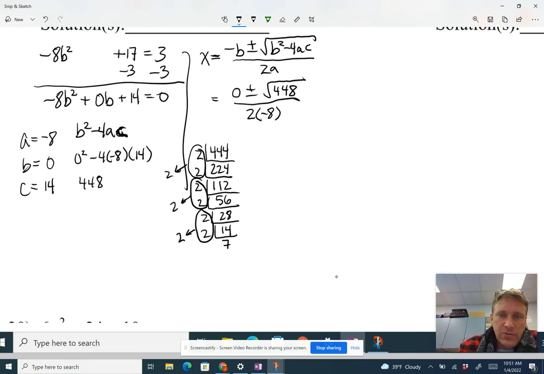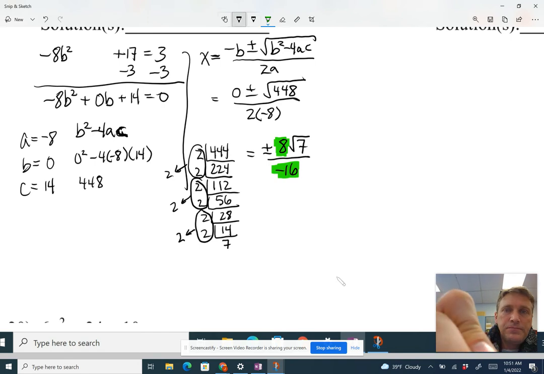So what you get then as a result is plus or minus 8, because 2 times 2 times 2 is 8, square root of 7 over negative 16. And then you want to simplify this. Forget about the radical for just a moment and just look at the other numbers in the numerator and the denominator and simplify that as though that were the fraction. 8 over negative 16.